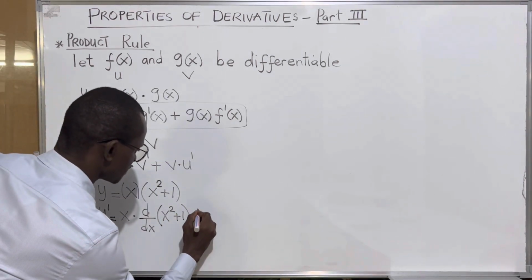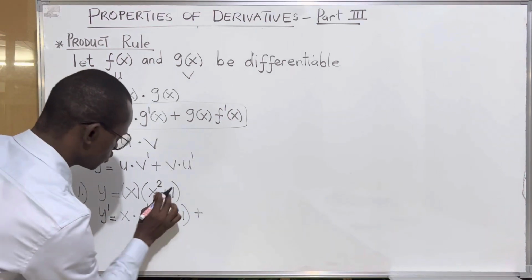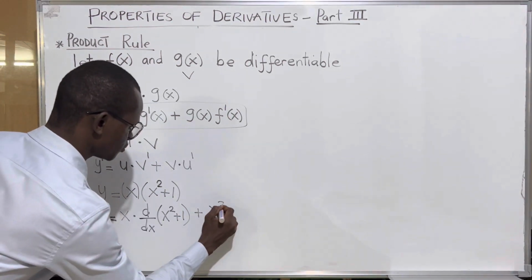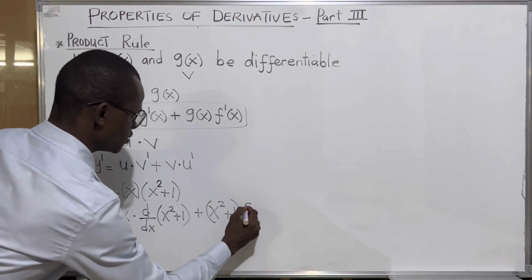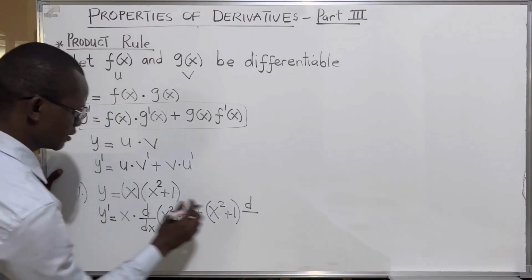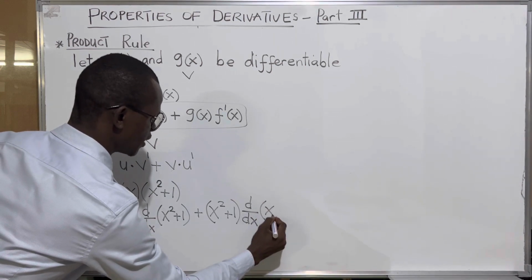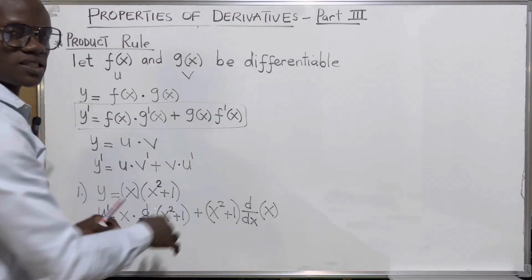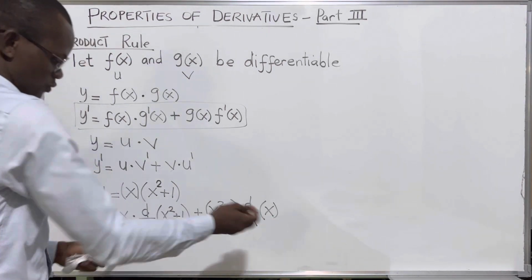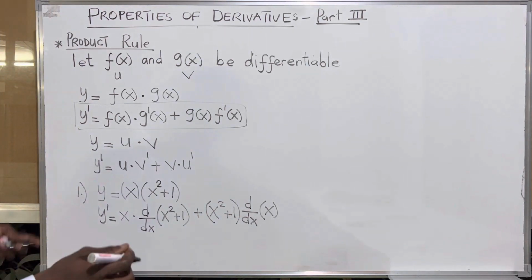Then we say plus. Now the first time we differentiated this one, so now let's hold on to this x squared plus 1, and then we differentiate x. So we say d by dx of x. If there is a long process, you don't have to follow this step. You can just skip this step and move to the next one.